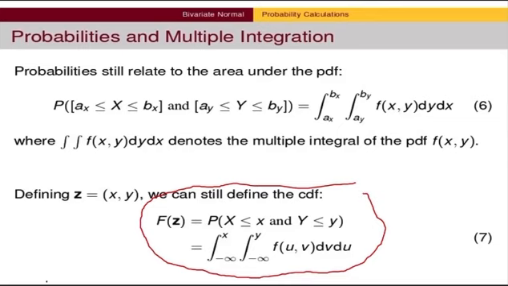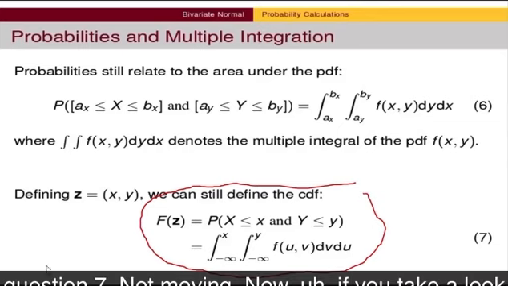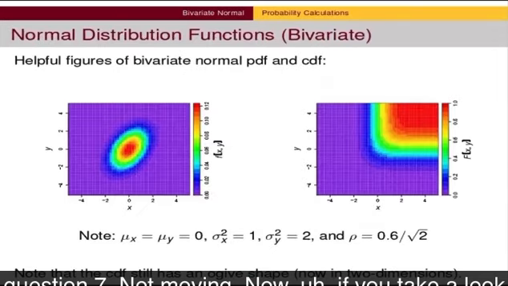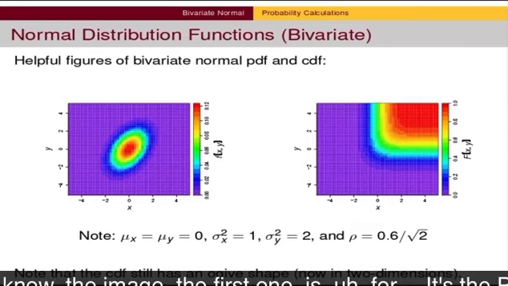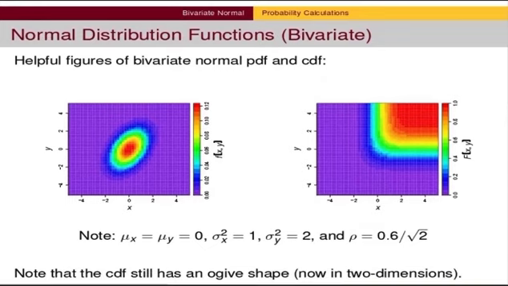That's what I mean by equation 7. Now, just to show you the picture, the first one is the PDF, the probability density function, and the other one is the CDF.